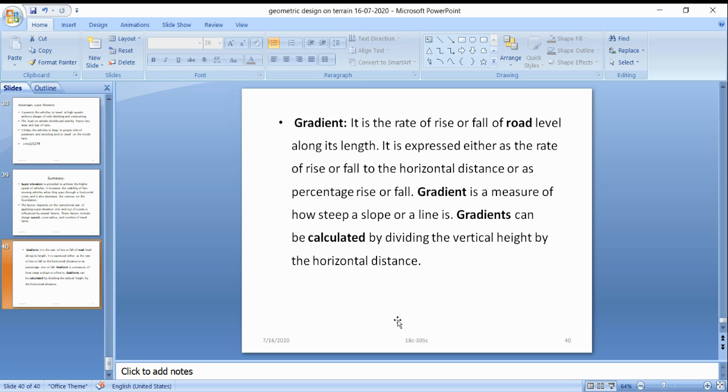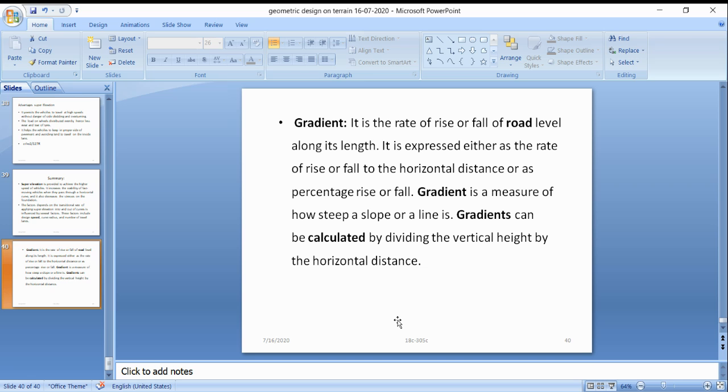Minimum gradient is generally for the longitudinal section; we can provide 1 in 500, and for open areas it can be 1 in 200. A gradient provided in the cross section is called camber.